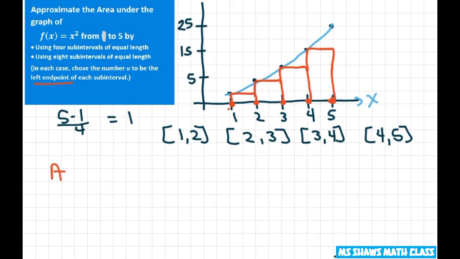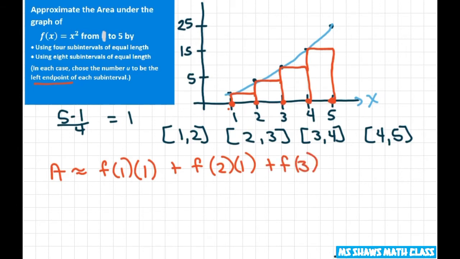And the area is going to be approximately f of 1 times 1, plus f of 2 times 1, plus f of 3 times 1, plus f of 4 times 1.